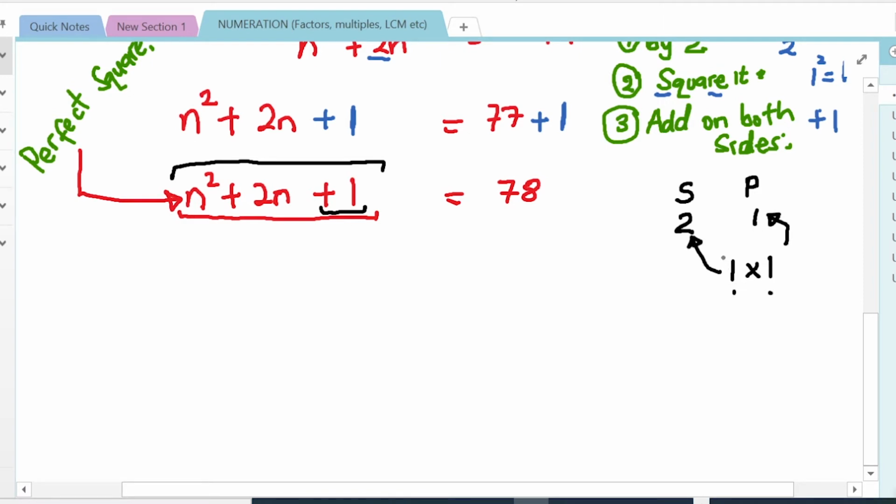So the two numbers are 1 and 1. Those two numbers, 1 and 1, are what we are going to use to replace this middle portion.